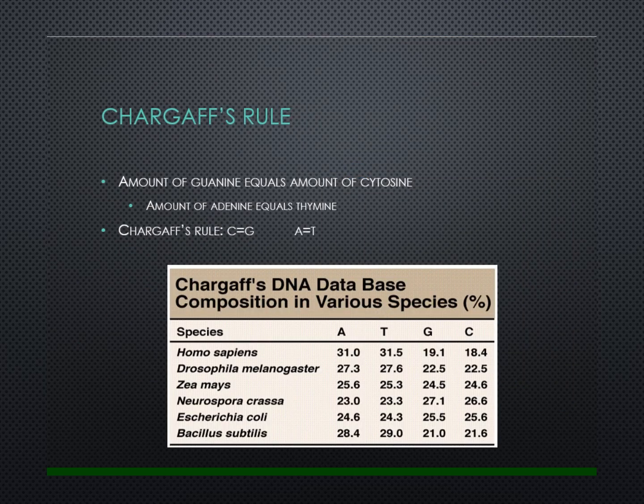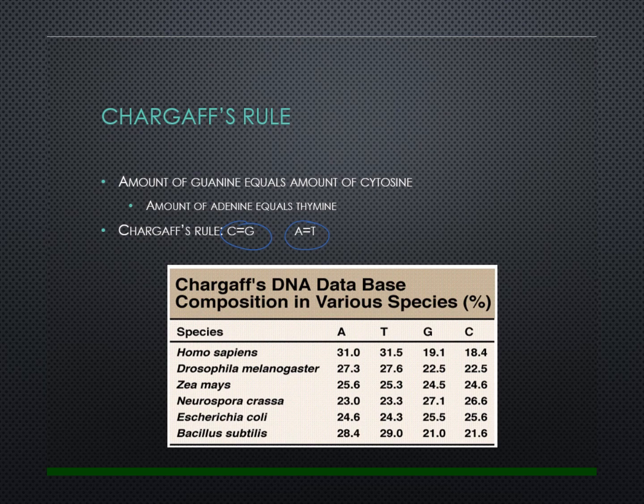And there's this thing called Chargaff's rule. So your amount of guanine will be equal to your amount of cytosine. And then your amount of adenine will equal your amount of thymine. So here we've got C's equal G's and A's equal T's.